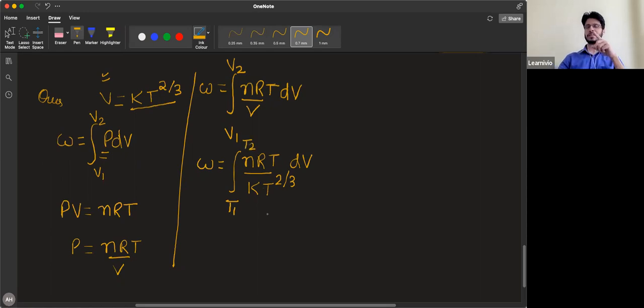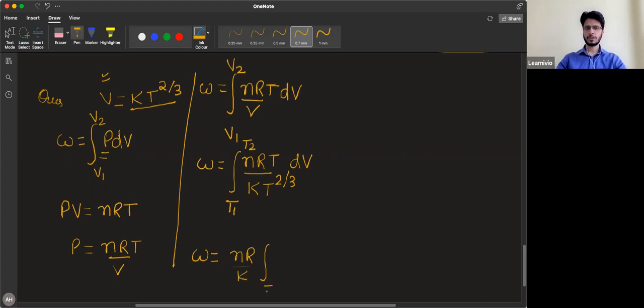This integral is still not solvable. Adil, can you tell me what's the problem with this integral? Because you have T, so you should be having dT, but there is a dV. So we can take the constants outside, like I can bring nR by k outside.